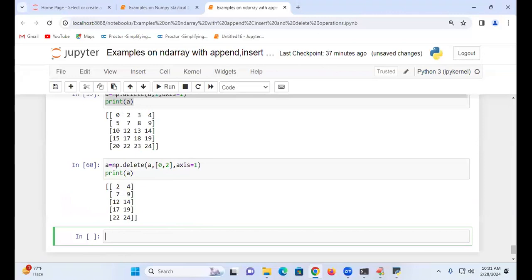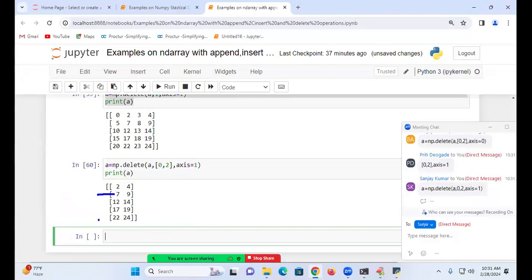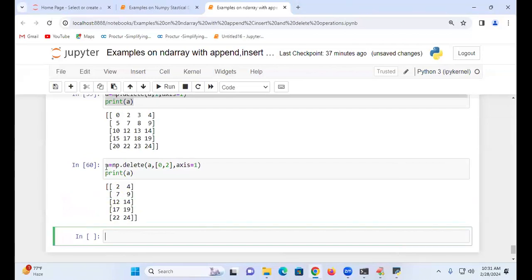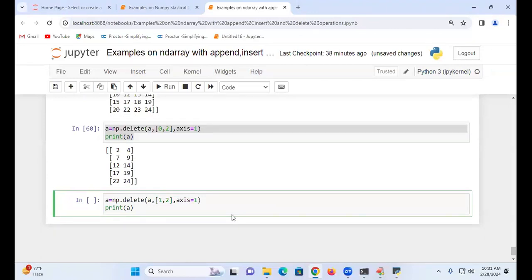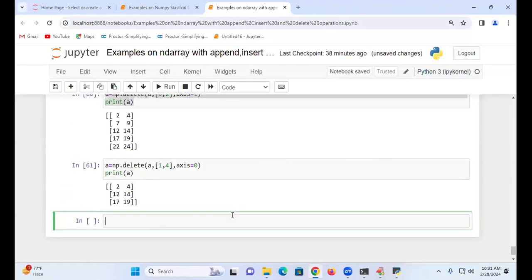Now I want to remove this one and the last one, the rows. np.delete(a, [1, 4], axis=0). Axis is 0. Beautiful. Gone. Are you following?